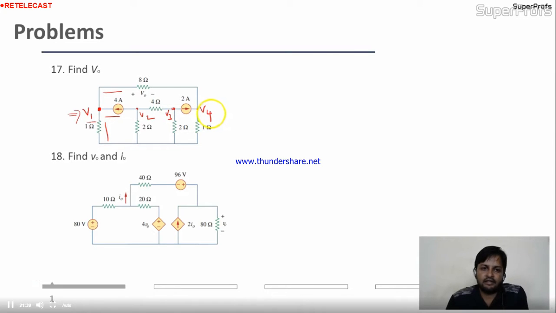Similarly, when we form the equation at V4, we get 2 variables, V4 and V1. There is no variable coming from this branch, meaning V3 or V2, because 2 is the incoming current, so directly we can write the current value. See what I'm saying: we'll apply the node analysis at 1.